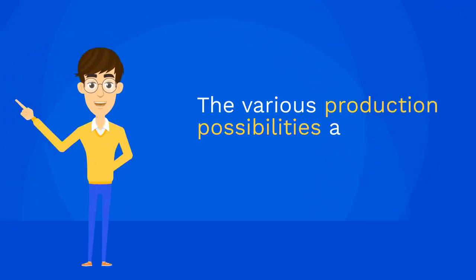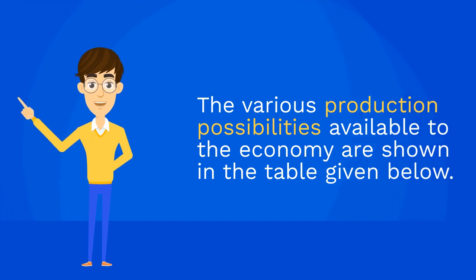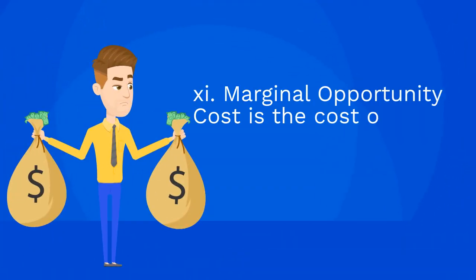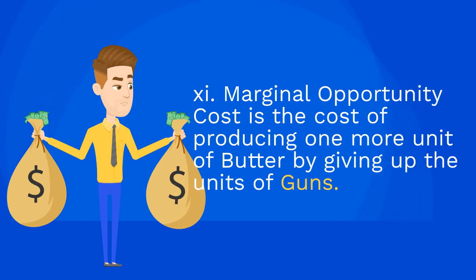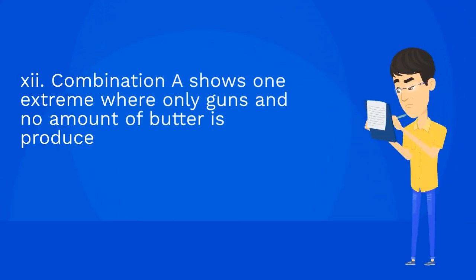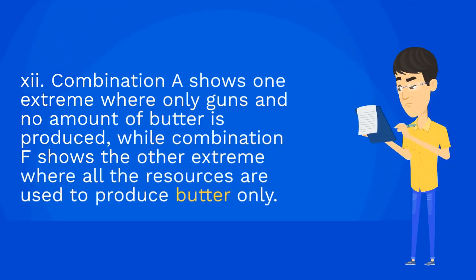The various production possibilities available to the economy are shown in the table given below. 11. Marginal opportunity cost is the cost of producing one more unit of butter by giving up the units of guns. 12. Combination A shows one extreme where only guns and no amount of butter is produced, while combination F shows the other extreme where all the resources are used to produce butter only.